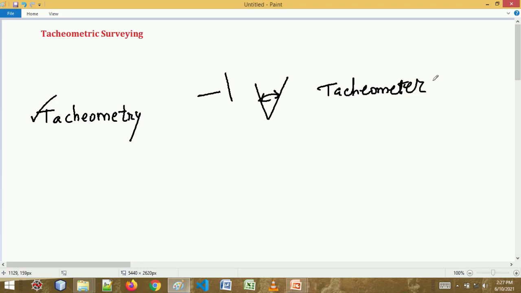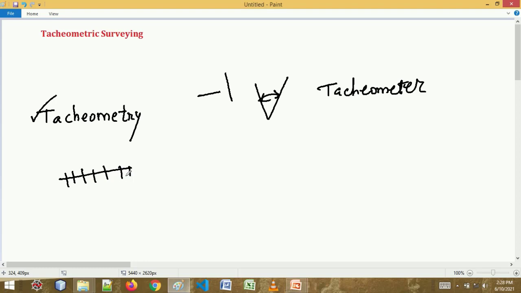In this tachyometry, the chaining operation, the chains with which we calculate the distances, is completely eliminated.